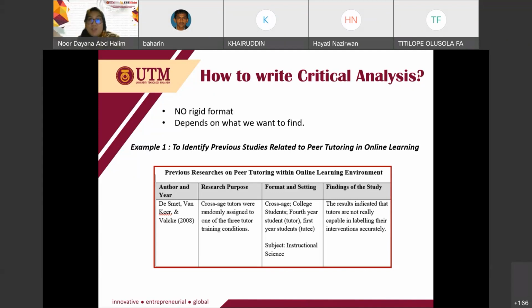You see here, in online learning, not in a face-to-face classroom. So this is the year, who is the author, what is the research purpose, the format and the setting, who is the respondent as well, and then what are the findings from the studies. Okay, so this is how it looks like.